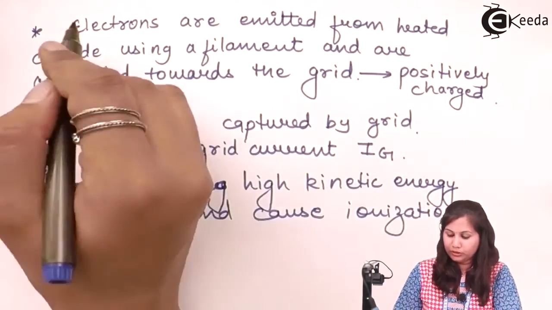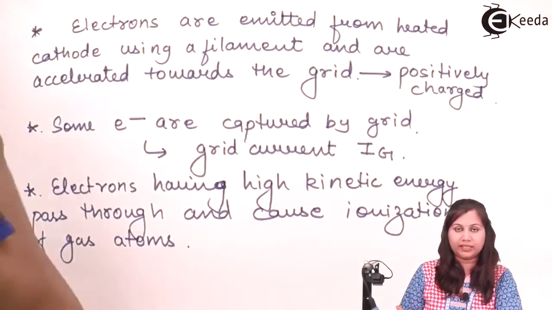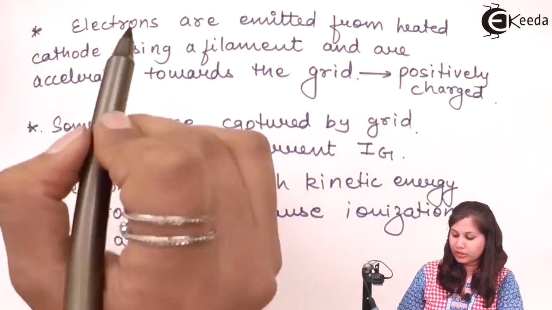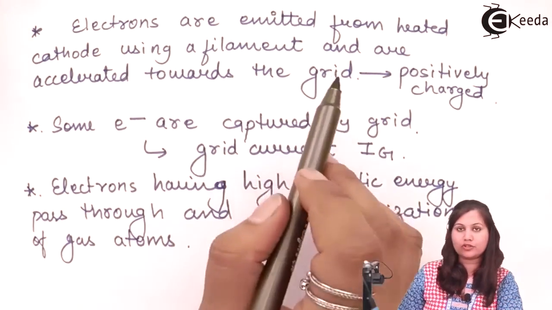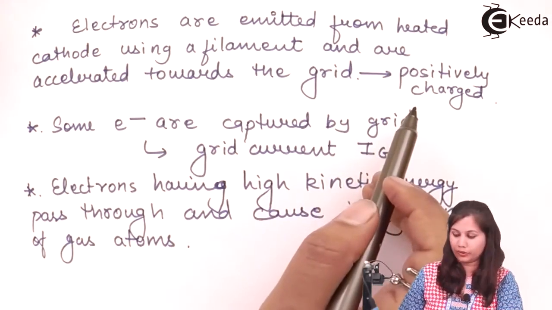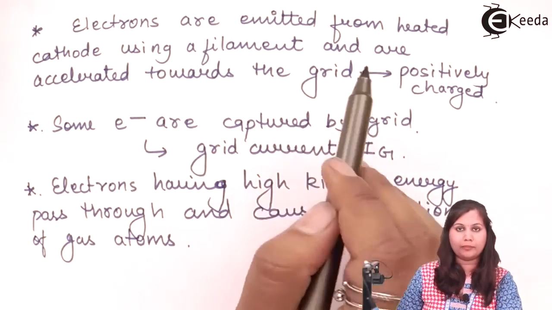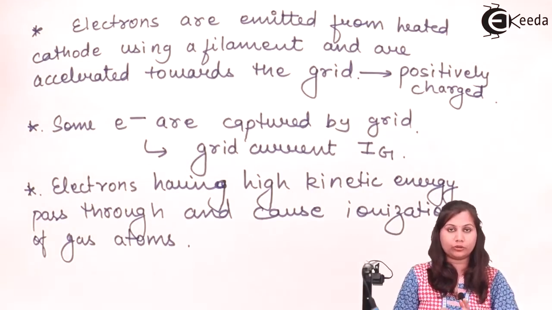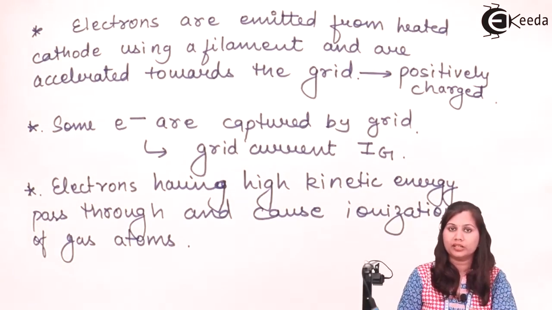So first of all, the cathode, which is heated, is going to generate the electrons. These electrons are generated and accelerated towards the grid. Now this grid is positively charged, so electrons generated by the cathode are attracted towards the grid.